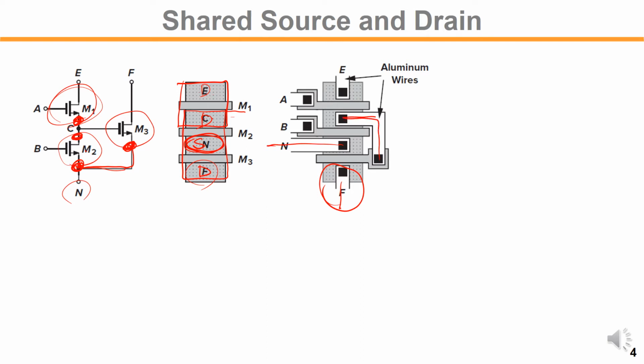We have a connection between the M3 gate and the C node through a wire, and at the E node we have a contact, so the poly connection is like that. So this is basically representing the original circuit. It's a much simpler and more compact layout than if you just draw it directly.